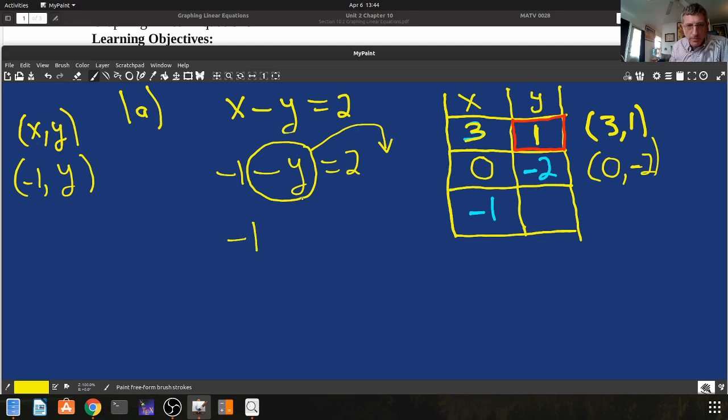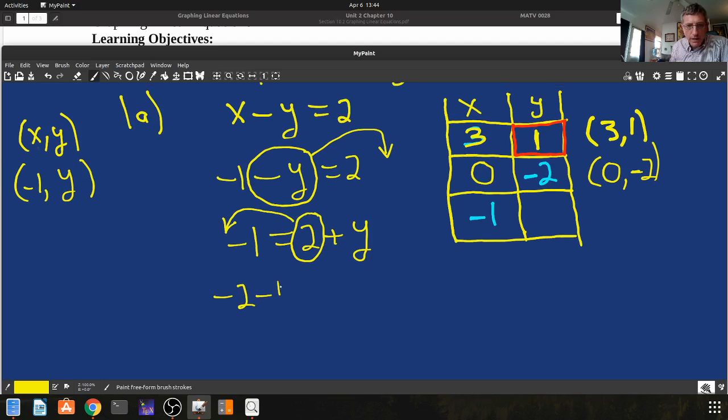So when I move my minus y over there, it becomes plus y. But I want to get y by itself, so I'm going to take my 2 here, and it's a positive 2, and I'm going to move it over here. In doing so, it becomes minus 2 minus 1 is equal to y.